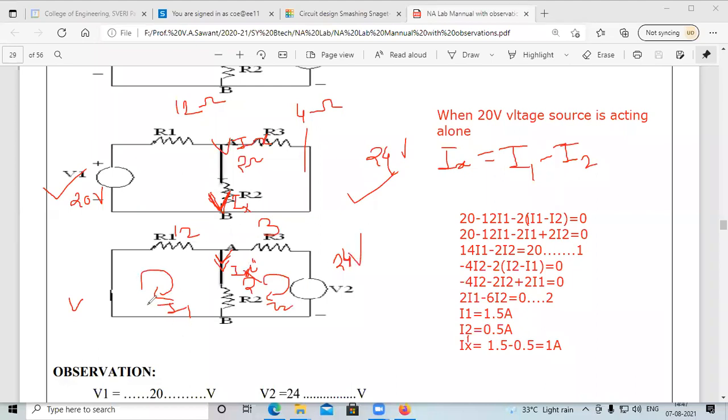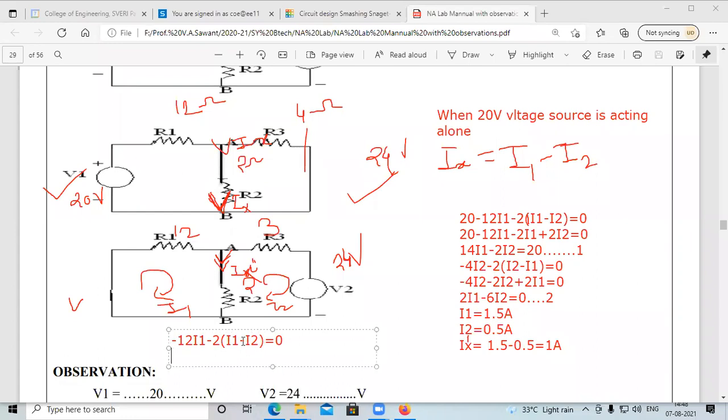See, apply KVL to the first mesh. That is minus 12 I1 minus 2 times I1 minus I2, equal to 0.